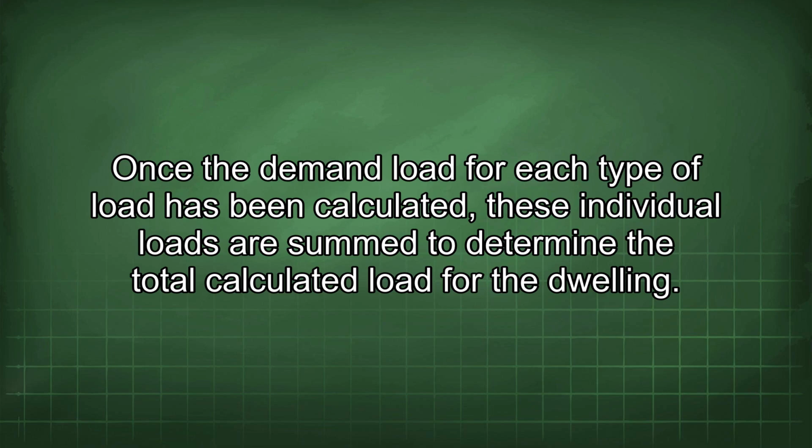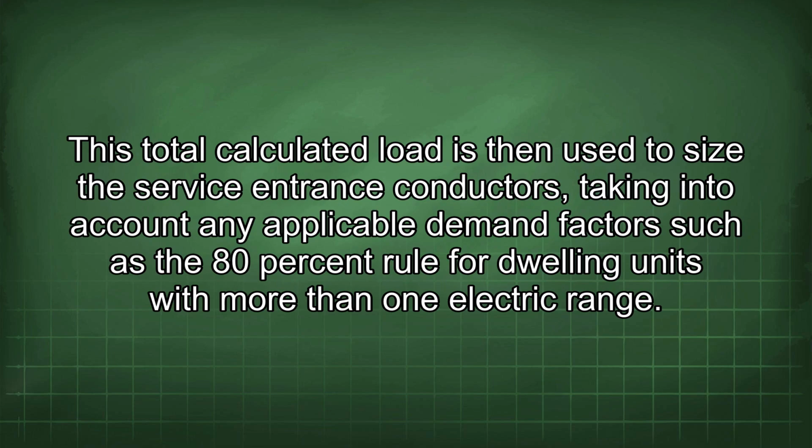Once the demand load for each type of load has been calculated, these individual loads are summed to determine the total calculated load for the dwelling. This total calculated load is then used to size the service entrance conductors, taking into account any applicable demand factors such as the 80% rule for dwelling units with more than one electric range.